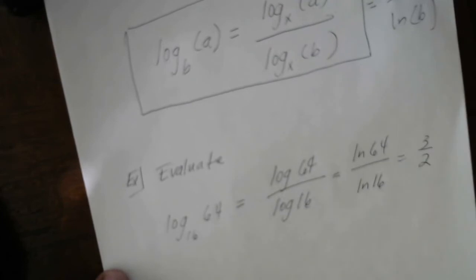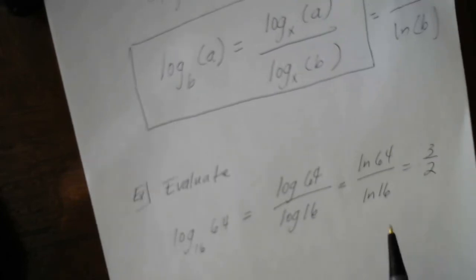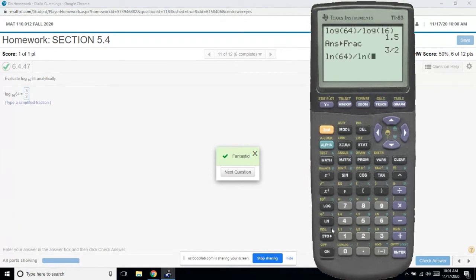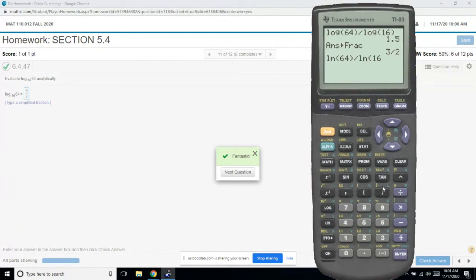So I'm actually going to verify that with the calculator. So now I'll put in the natural log of 64 divided by the natural log of 16. And I get 3/2.